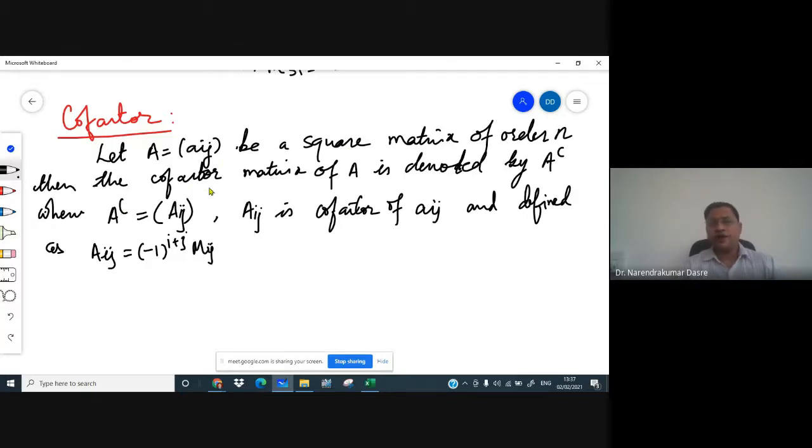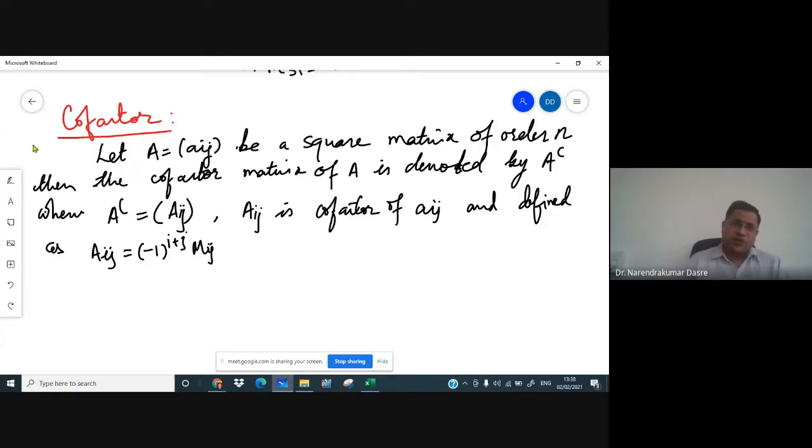Then we can find the cofactor matrix of A, denoted by A cofactor, where capital Aij is the cofactor of small aij, defined as Aij is equal to minus 1 raised to i plus j into Mij. What is Mij? Mij is the minor. That's how we are able to calculate the cofactor matrix for the given matrix.